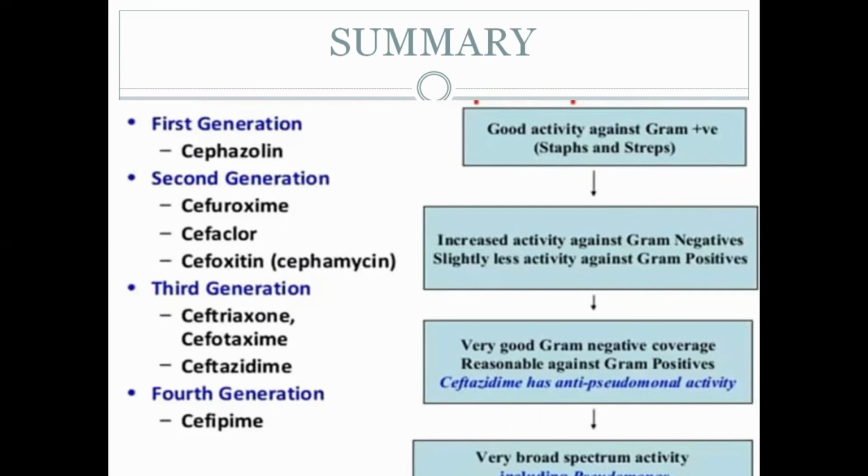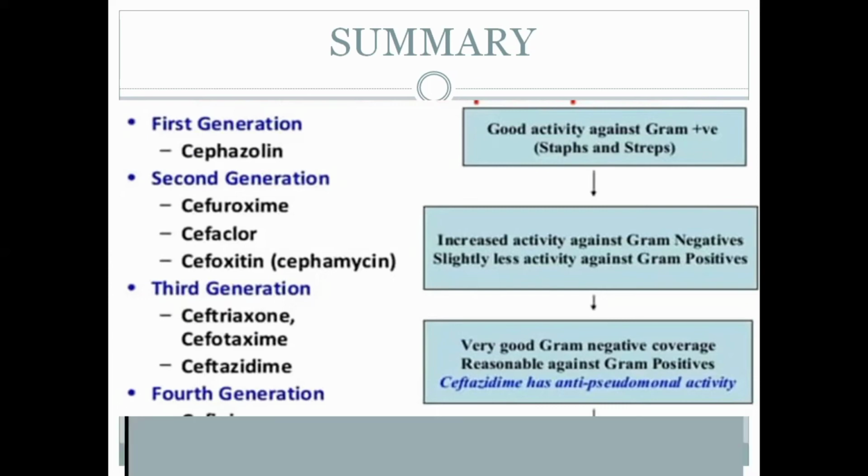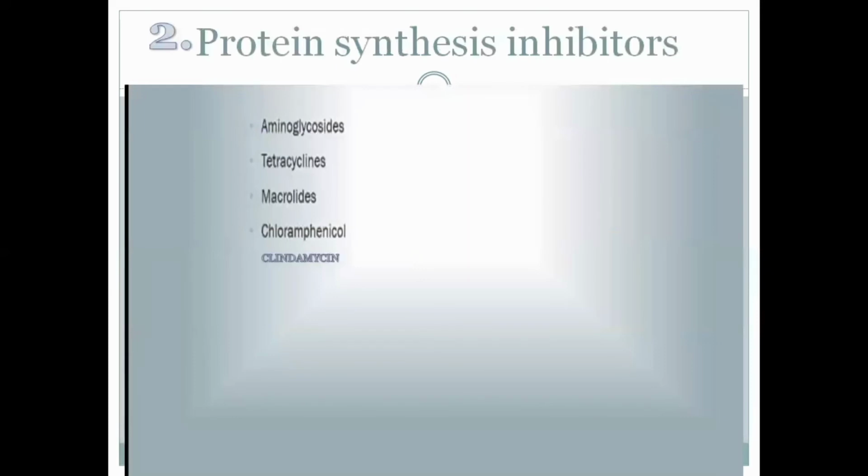So it means the fifth generation is stronger against the gram-negative, but less against the gram-positive. When you are moving from fifth generation towards first generation, the activity against gram-positive is increased while that against gram-negative is decreased. So that is just an illustration there.